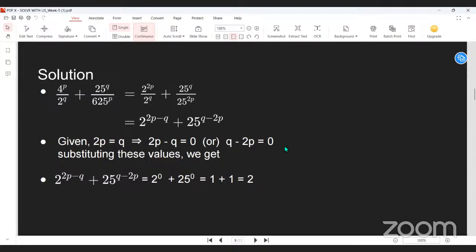Then 2 to the power 2p by 2 to the power 2p cancel out, and 25 to the power 2p by 25 to the power 2p also cancel out, and 1 plus 1 becomes 2. Yes, that is also a correct approach.